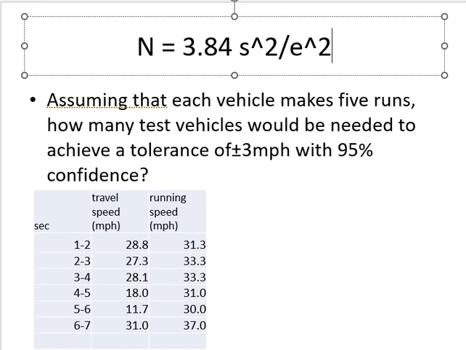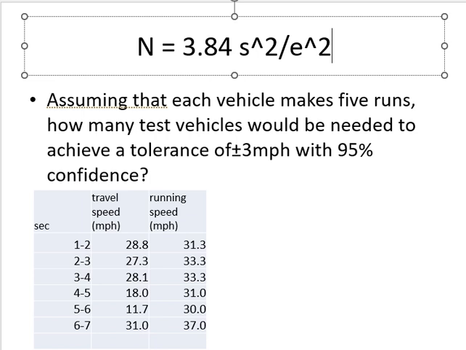What is the use of this 95 in this equation? Simple question. 3.84 is because of 95%. We don't put 95% anywhere in the equation. 3.84 is because of 95%.